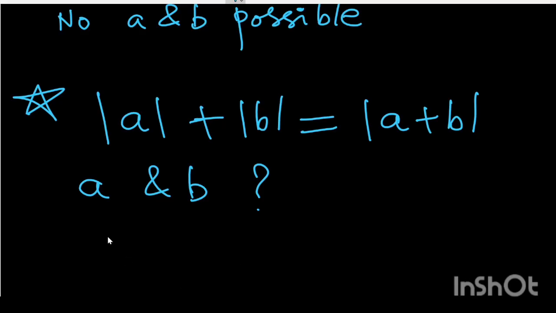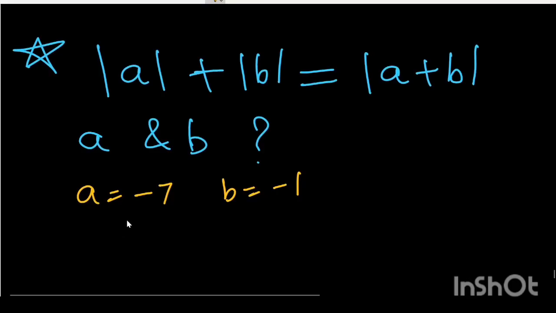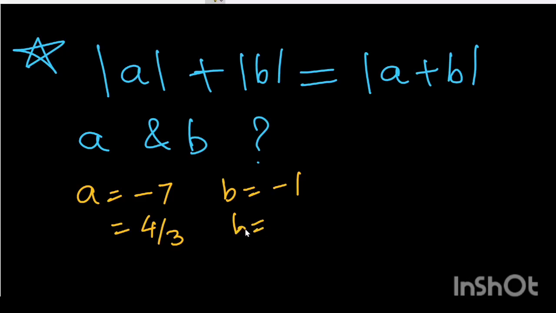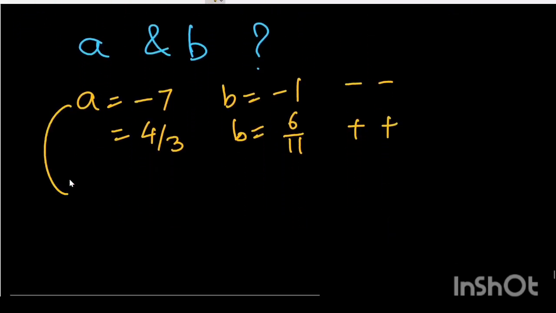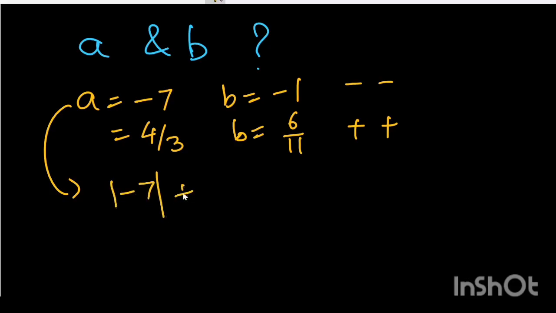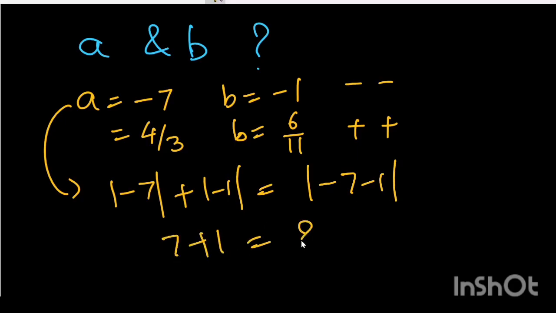As you can see, if I take a as −7, b as −1, or a as 4/3, b as 6/11, both negative in the first case, both positive in the second case. If you take both negative, |−7| + |−1| is 7 plus 1 equals 8, and |−7 − 1| is also 8.